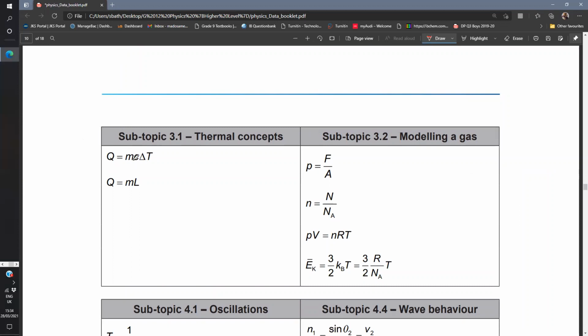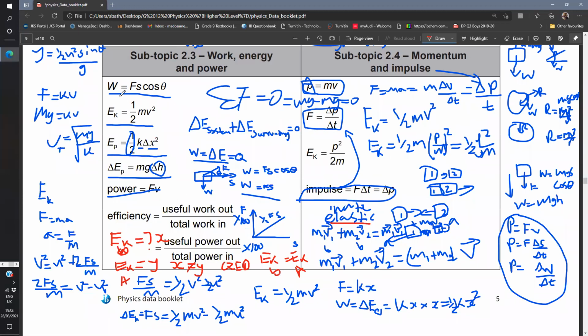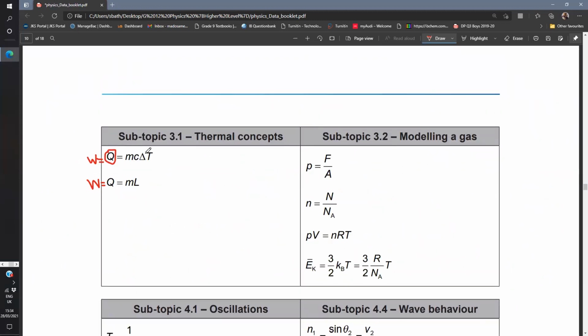Now we move on to the thermal concept. So here's Q. This is basically work done. You might be asked, for example, to substitute the formula for work here and then solve for mc delta T. It all depends on the question. In terms of thermal concepts, this is just the formula.